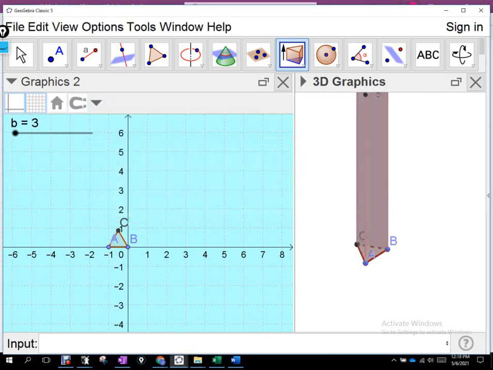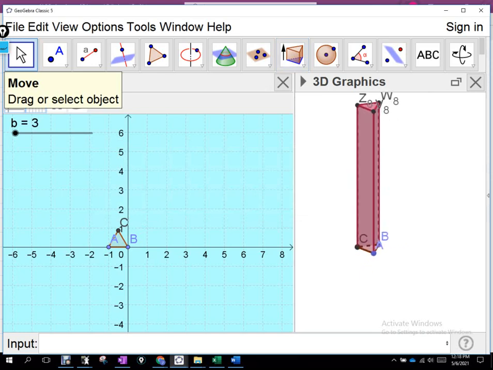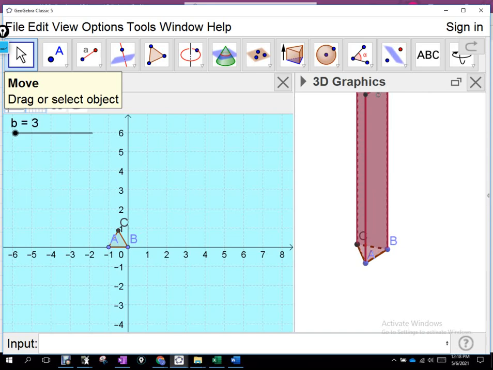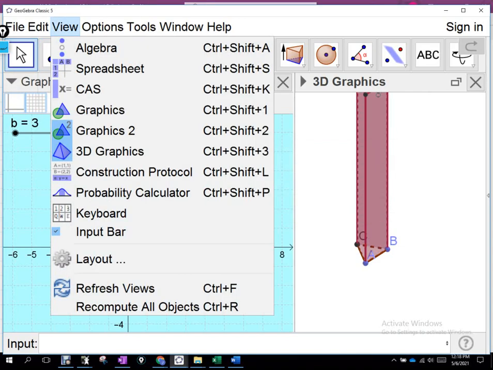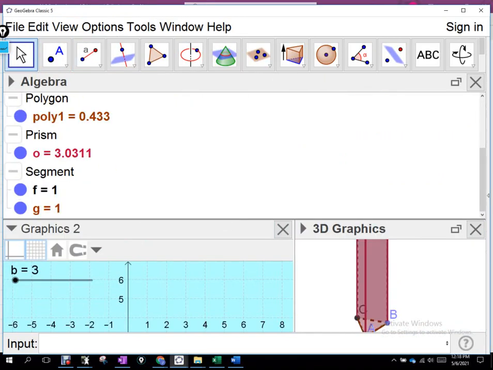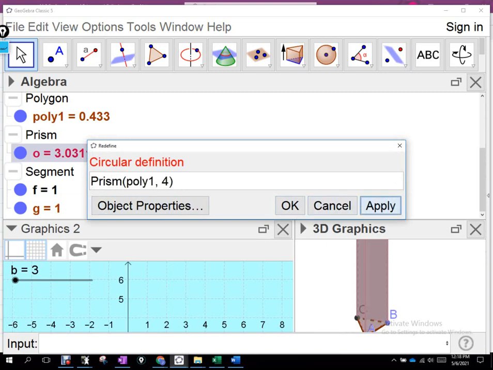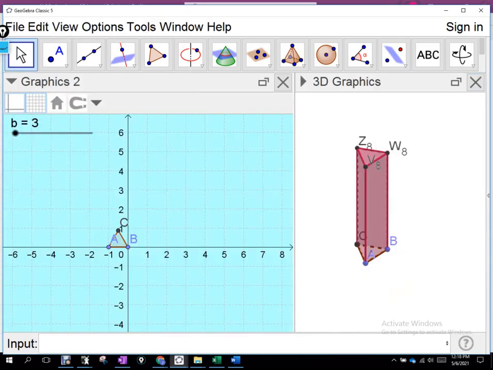So it creates that, maybe that altitude is a little bit much. Okay.